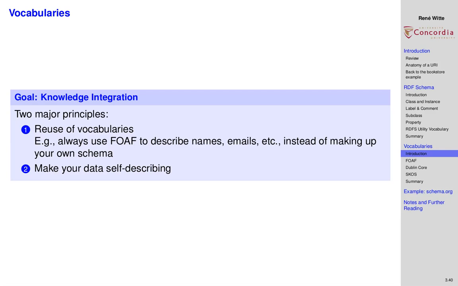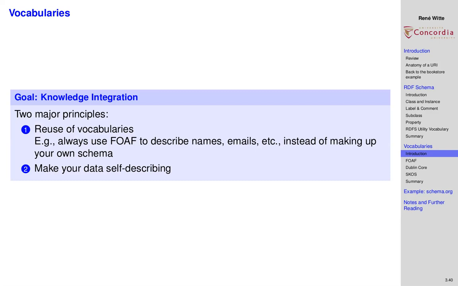So for example, very often you have to describe people. You have to define the name, the email, and other information about people. So now you could make your own vocabulary using what you just learned. You could define classes and properties and domain and range and call it my person vocabulary.